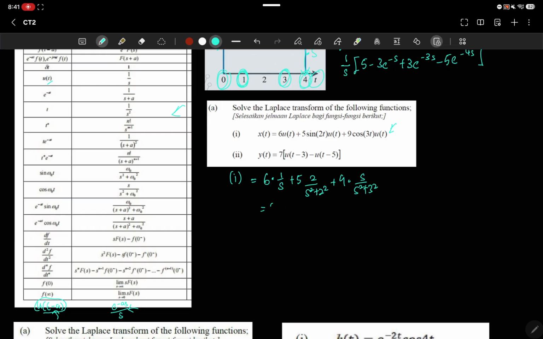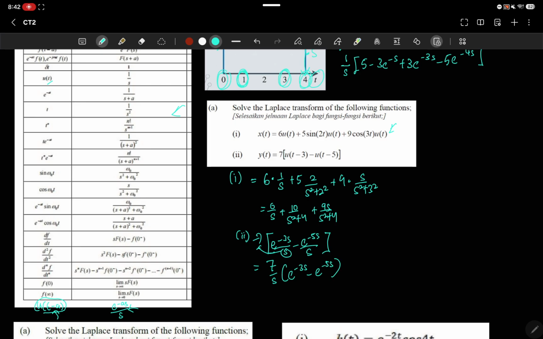So you would get the final answer as such. For the second part, if you complete it, it's just as I said just now. So you'd get 7 over s because you remove this, and it will become as such.